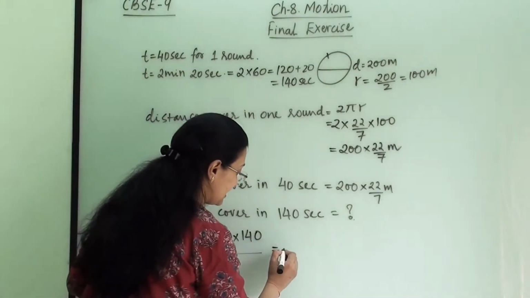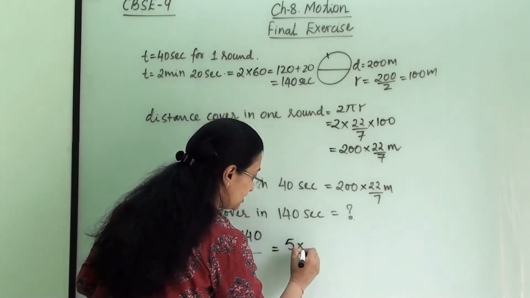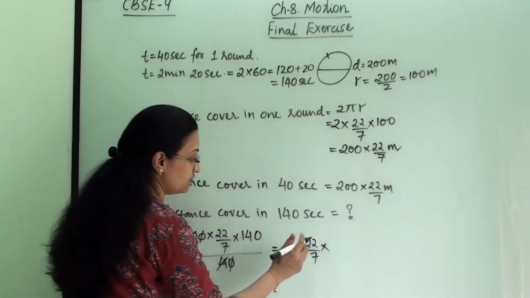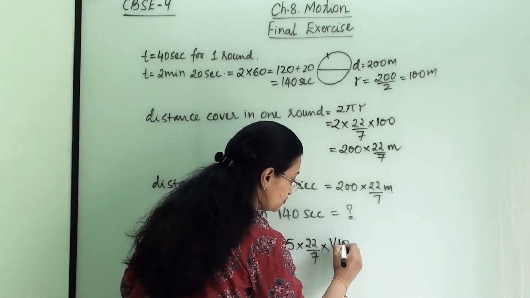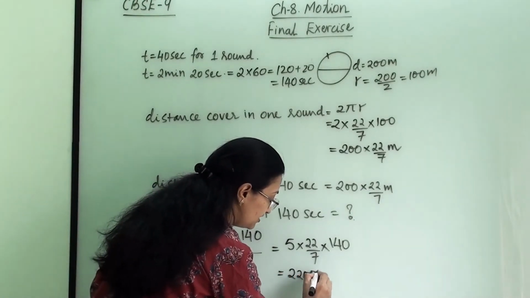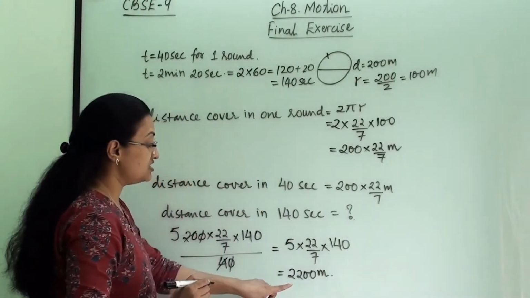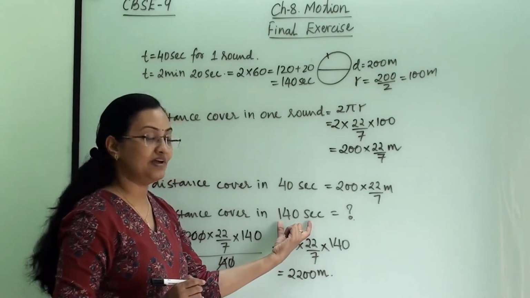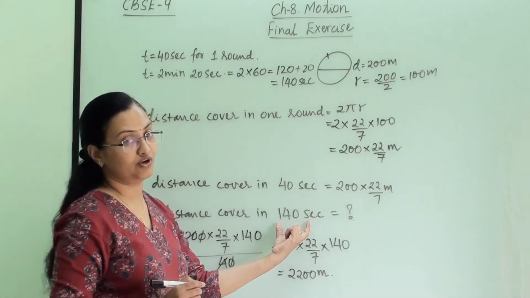So we will get here 5 into 22 by 7 multiplied by 140. Once we solve this, we will get 2200 meter. Now this much distance the athlete will cover when he runs for 140 seconds.